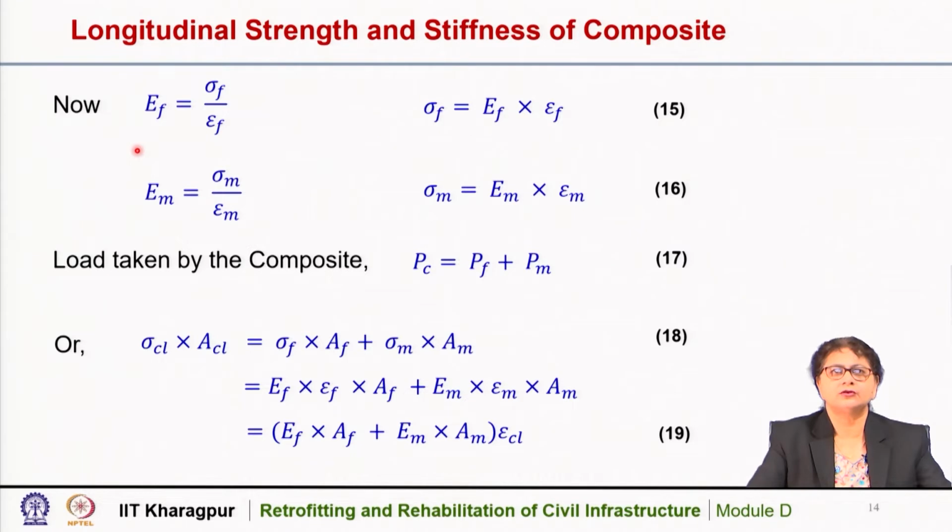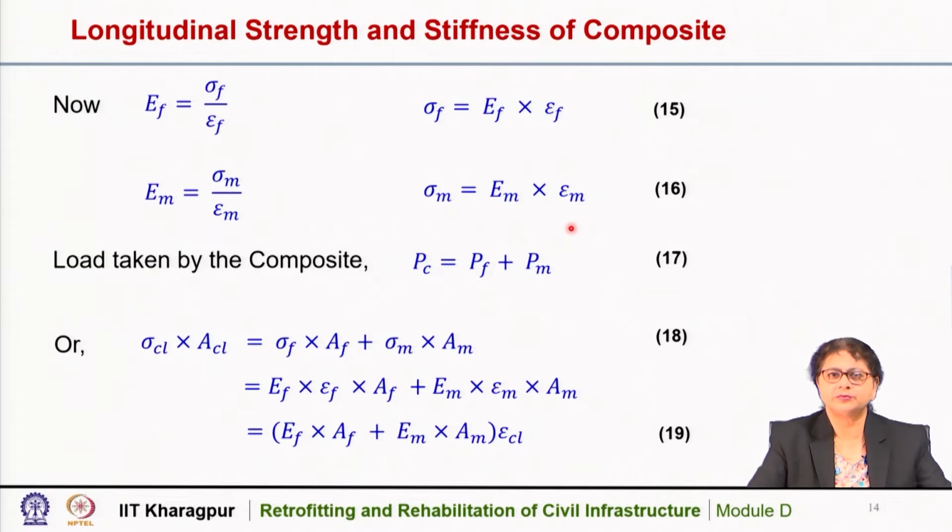Now, the elastic modulus can be written as stress by strain. For the fiber, EF, the elastic modulus, can be written as sigma F by epsilon F. So, sigma F is equal to EF into epsilon F. Similarly, for the matrix, EM is equal to sigma M by epsilon M, or sigma M is equal to EM into epsilon M. Now, the load is taken by the entire composite and that load is shared by the fiber part and the matrix part.